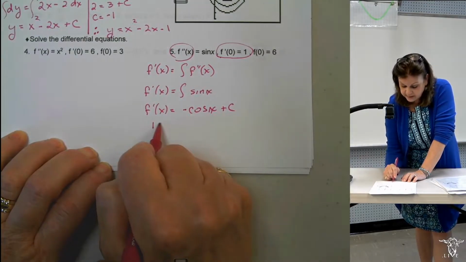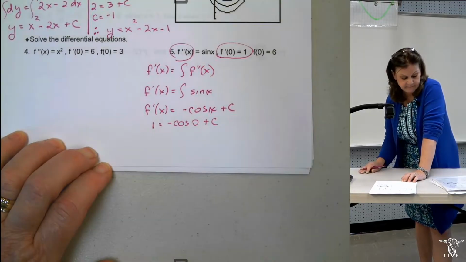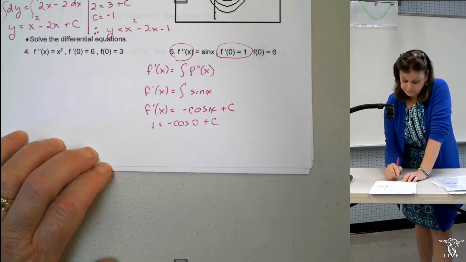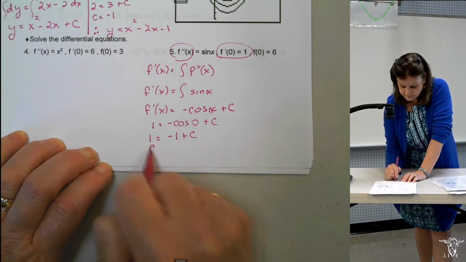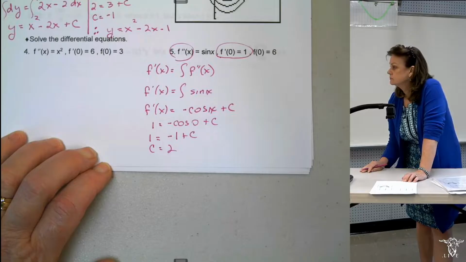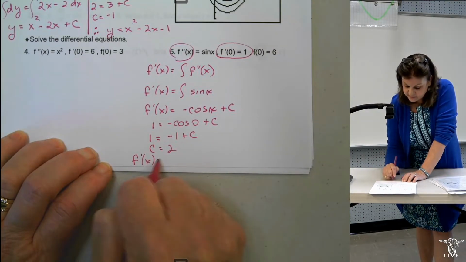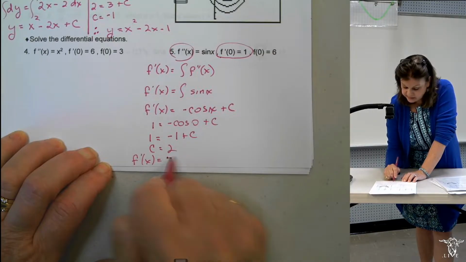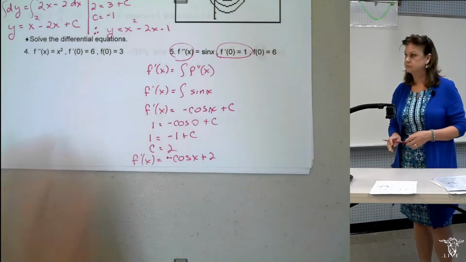So I've got 1 equals negative cosine 0 plus c. So I know my derivative is equal to negative cosine x plus 2.